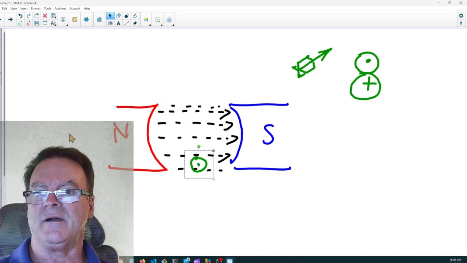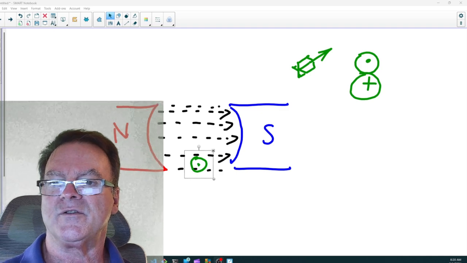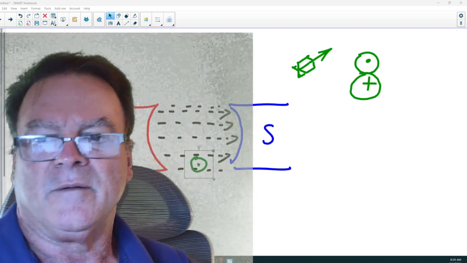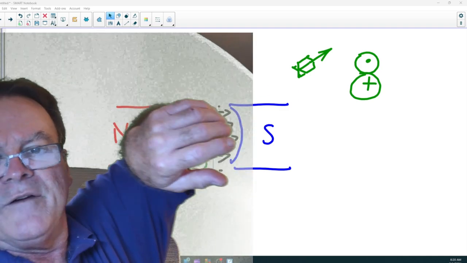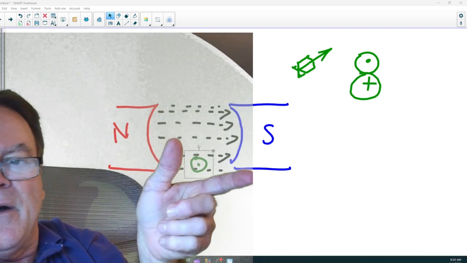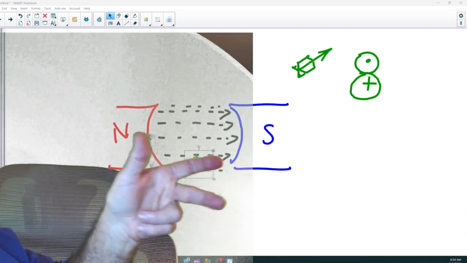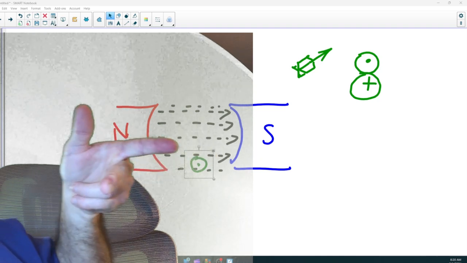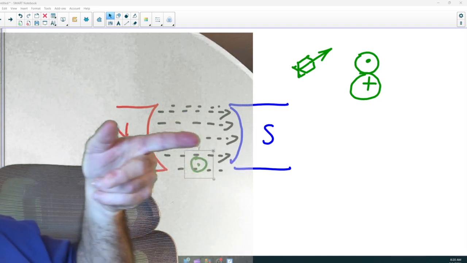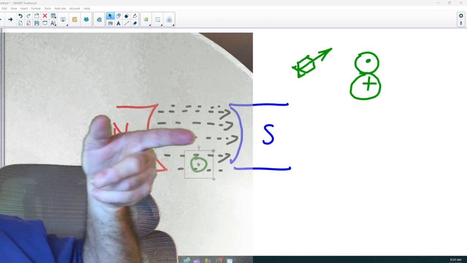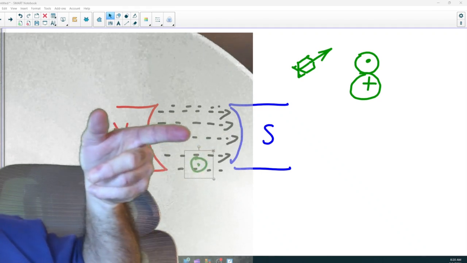Let's see here, how do I do this? So if I can put my hand here, there. So there's four-finger flux. That's the direction of the lines of magnetic flux.